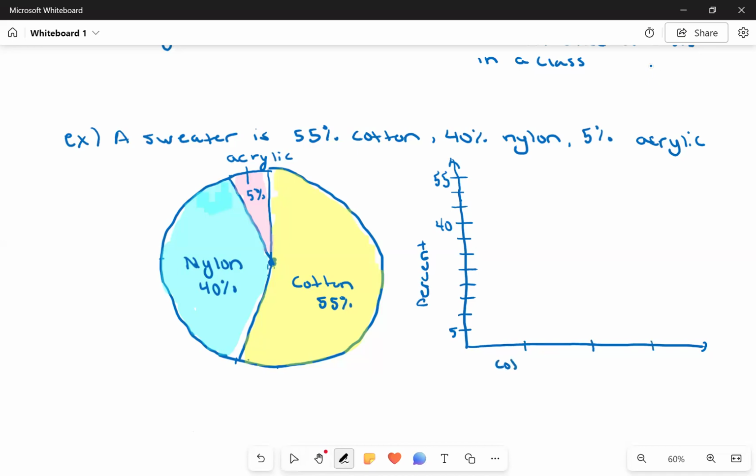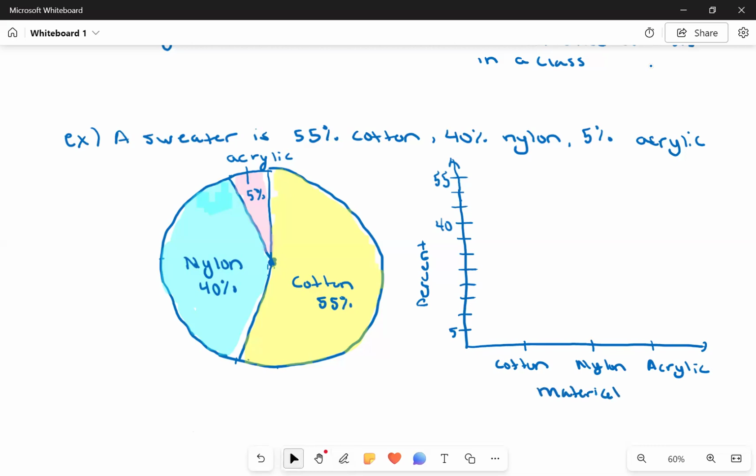So that would be cotton, nylon, acrylic. And I'll label that as the material.